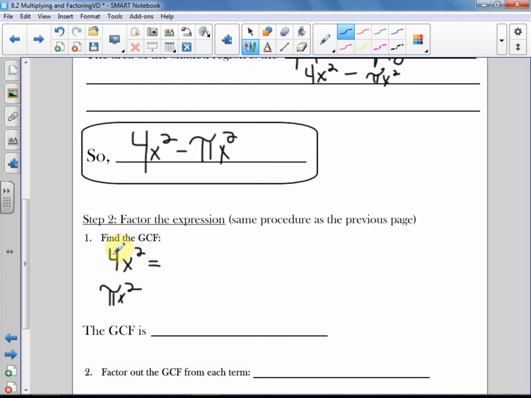The prime factorization of 4x squared is 2 times 2 times x times x. The prime factorization of pi x squared is pi times x times x. I have to identify the factors in common to both terms. I have 2 x's in common, so the GCF is x times x, which is x squared.